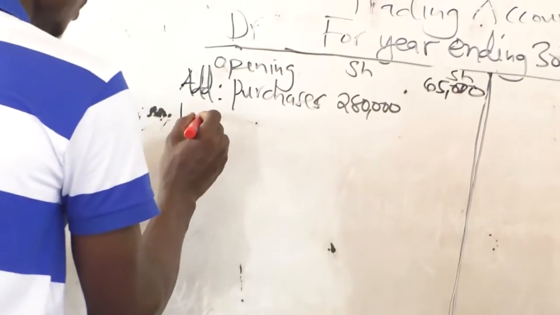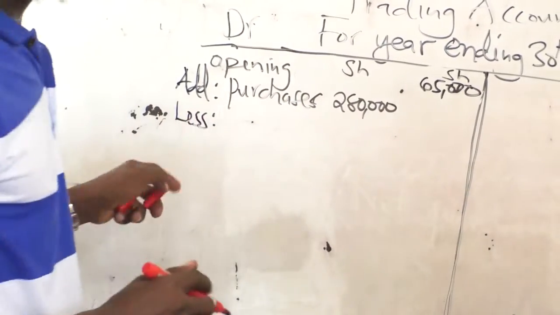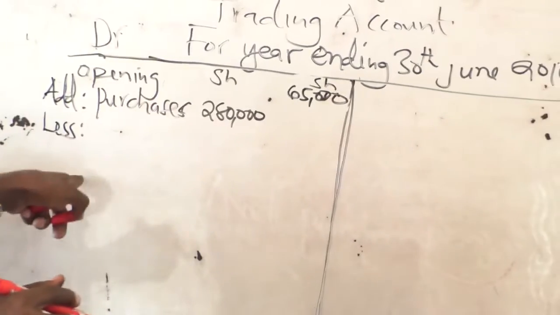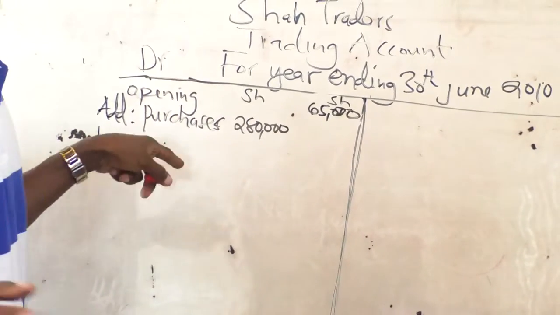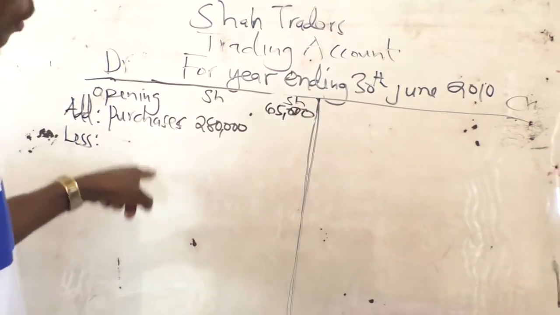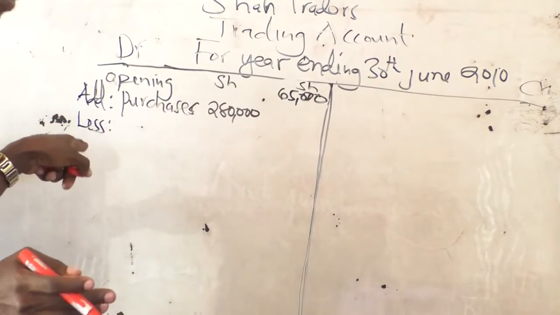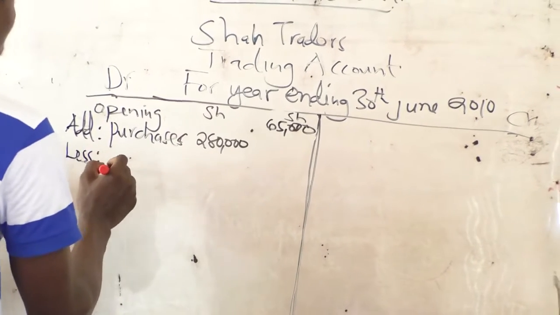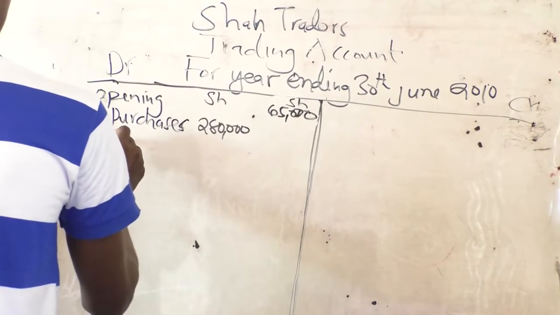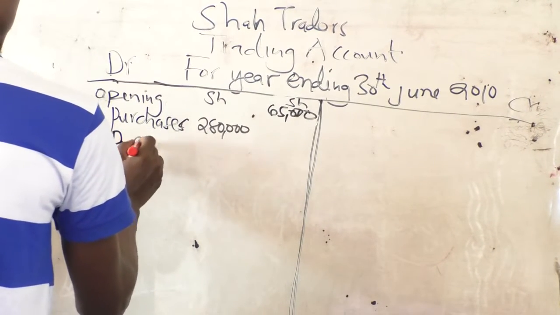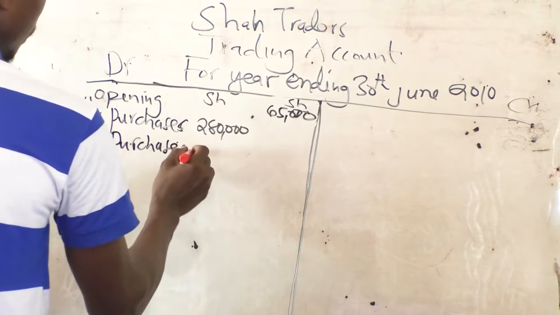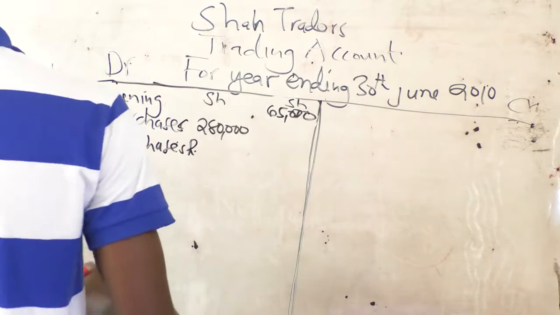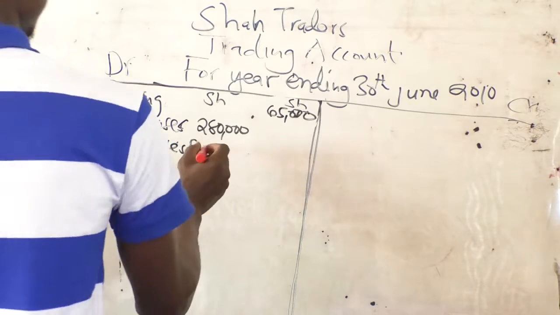You must indicate this. You cannot just write the figure and expect us to know whether you've subtracted or added. So you say less purchases return, which is 10,000.